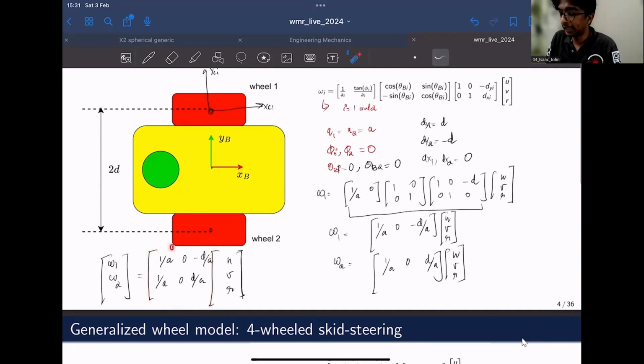So if you want to take this inverse, if you want to find UVR for a given omega 1 and omega 2, you will have to pre-multiply the left-hand side with some sort of an inverse of this matrix. But as this is a non-square matrix, you will have to take something called a pseudo inverse, right?